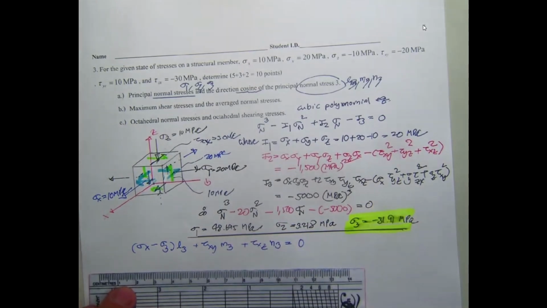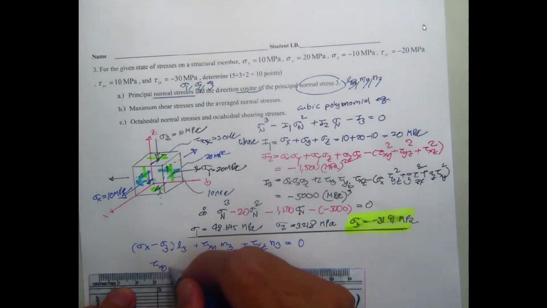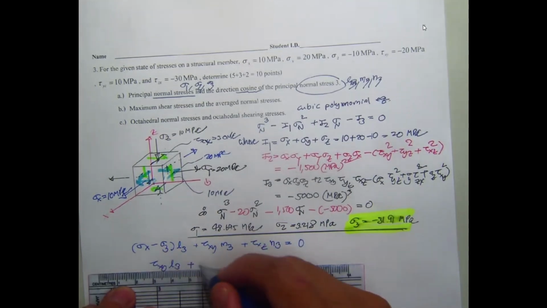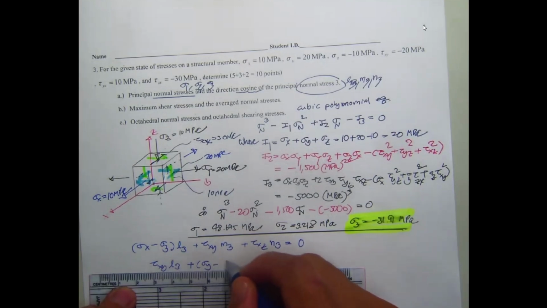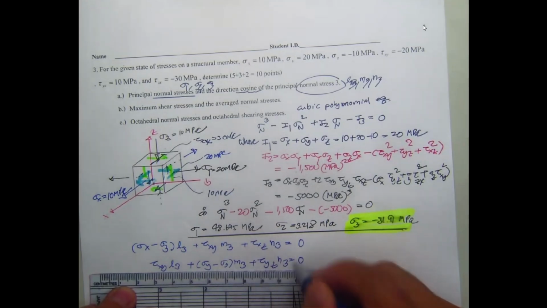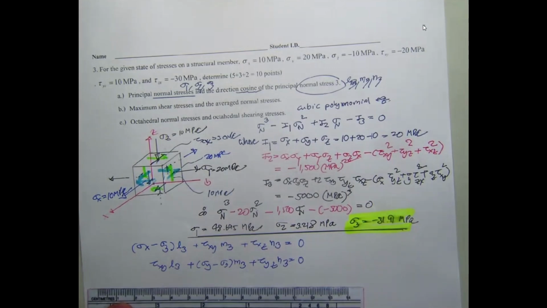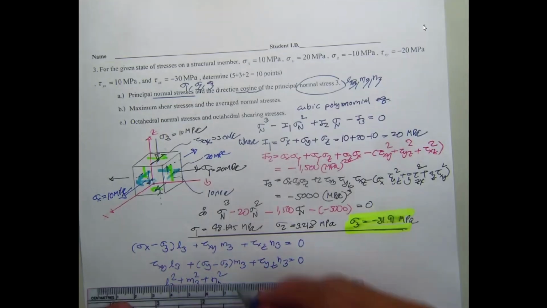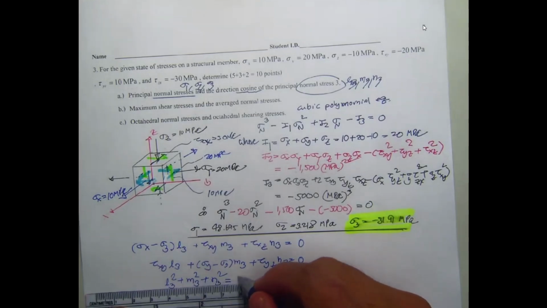Another one, you may use tau xy L3 plus sigma y minus sigma 3 times M3 plus tau yz N3 equal to 0. And one important thing: L3 squared plus M3 squared plus N3 squared equal to 1.